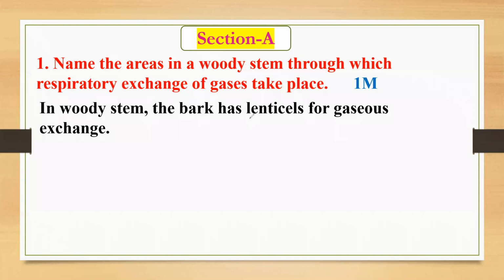But here, the lenticels are the small pores present on the stem. These are also helpful for gaseous exchange. Understood? That's why a woody stem respires with the help of lenticels. In a woody stem, the bark has lenticels for gaseous exchange. This is the answer. Note it down.